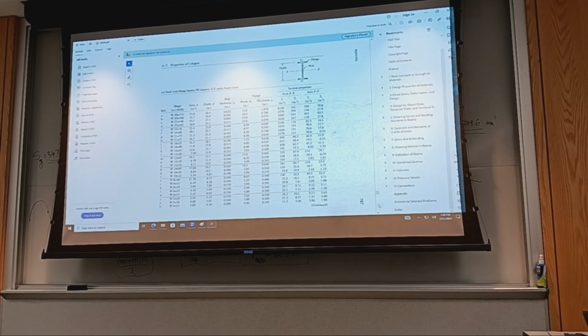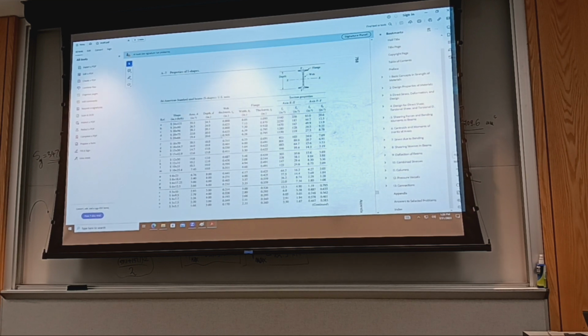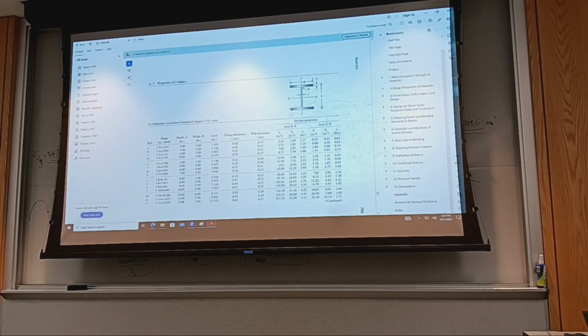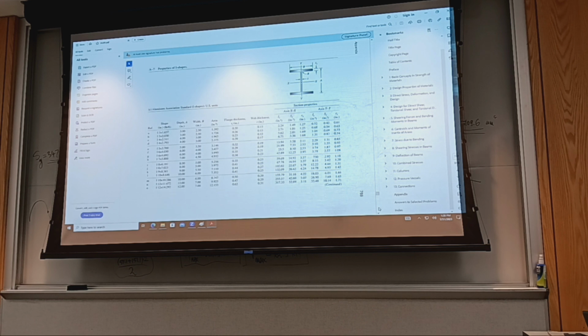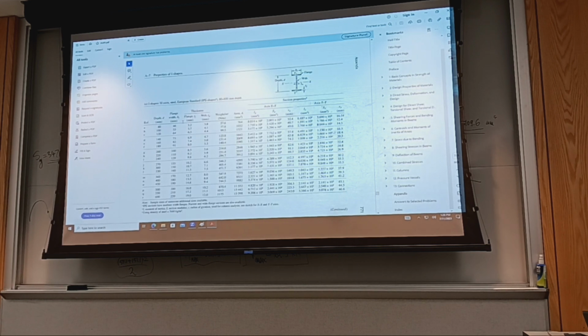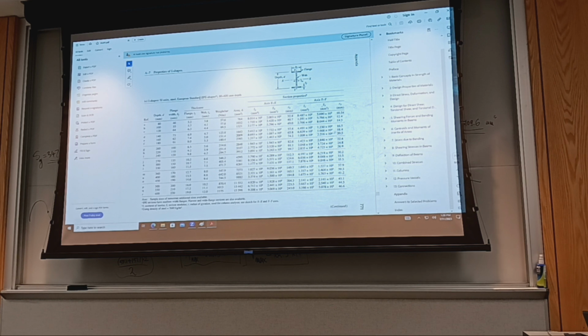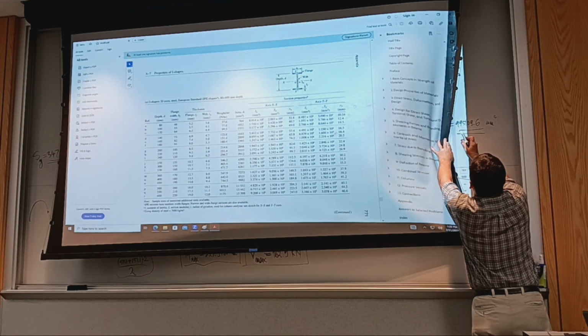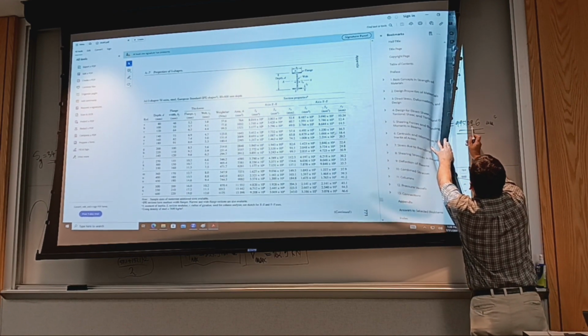So this is W, and then next I think it's in metric. No. Eye shapes. Properties of eye shapes. All right, so I think it's where the IPE shapes are. And I'm looking at something that is at least, so what do we have?